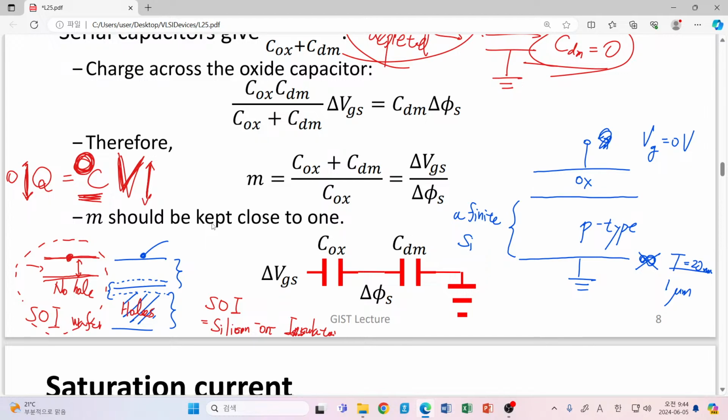However, in this SOI wafer, first of all, we have to have a bulk silicon, and on top of it we introduce a very high quality insulator, and once again on top of it we grow very high quality silicon, which will eventually be used as a channel material. So the cost or price of this SOI wafer is way higher than bulk wafer.